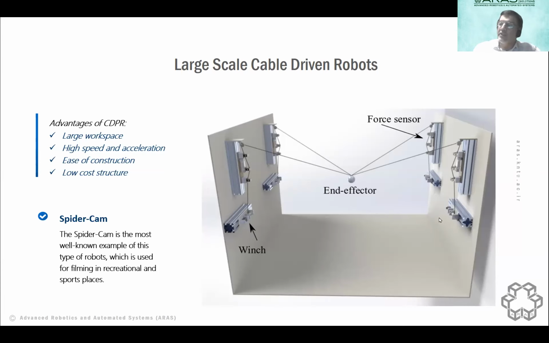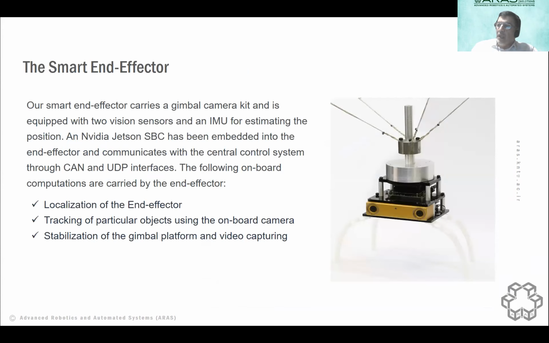We have 4 sensors, we have the drums and also some transmitters and the cables working on the end effector. And this spider cam is mostly used for large workspace video filming or video capturing.